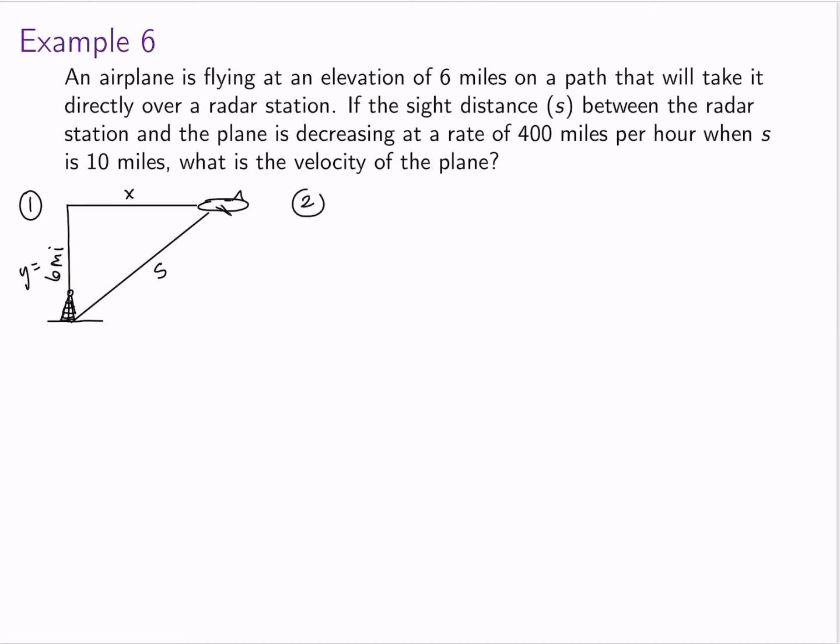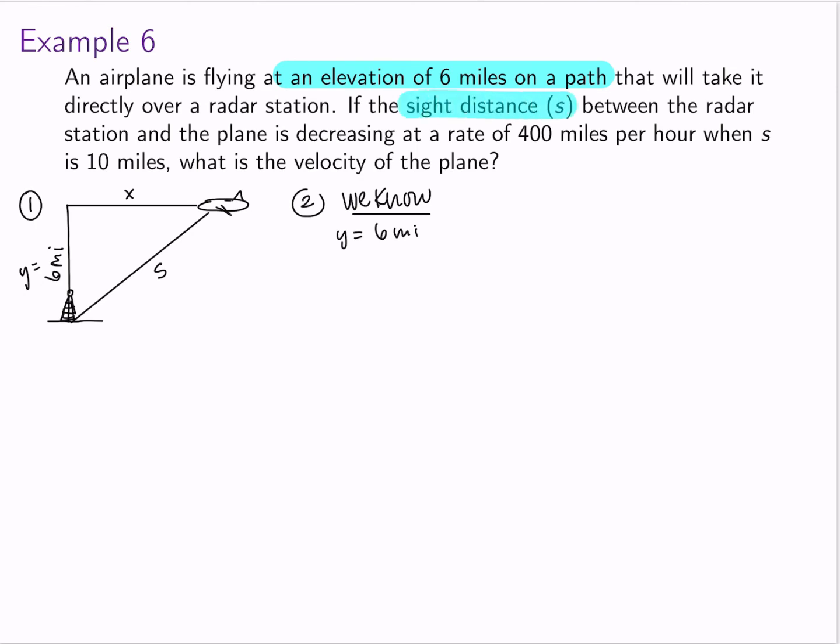Okay, so what do we know? Well, we know that's 6 miles, the elevation of 6 miles, and that is a constant. So we know that y is always 6 miles here. What else do we know?